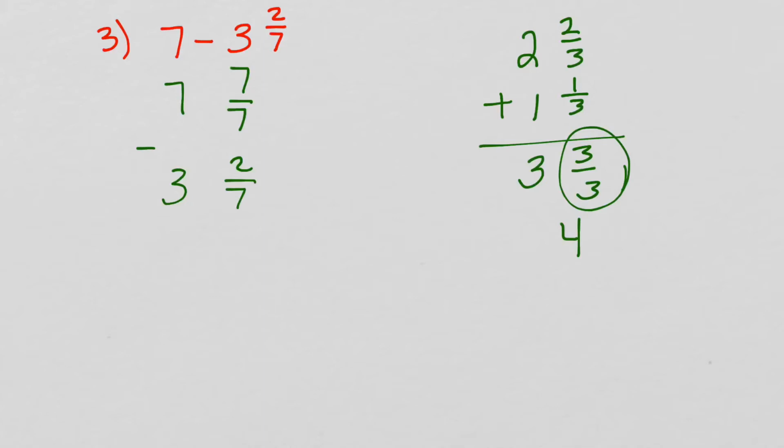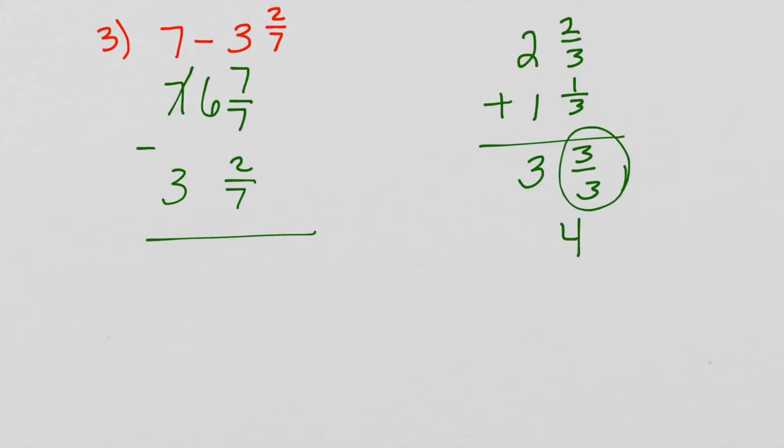We also know from our first example that this whole number is going to be 1 smaller than the number that it's simplified to. So if it's simplified to 4, if I'm changing it back into the fraction, this is going to be 3 3/3. So here I'm going to cross out the 7 and make it 6, because if I add 7/7, that's 1, and 1 plus 6 is 7.